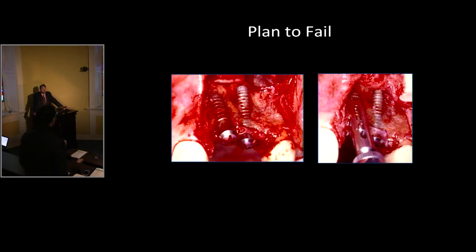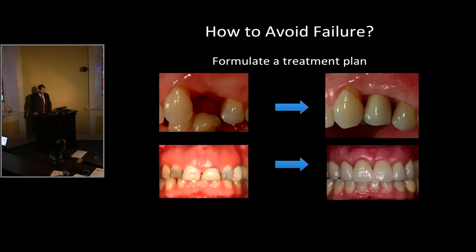So what's happened is these implants were placed where the bone was, not where the restorative result demanded. And because of that, these implants are going to have to be removed. And so you've taken what was an easy osseous defect to correct into almost a maxillofacial defect. So in other words, if you don't plan your restorations, you're going to end up with problems similar to this. And this is an expensive mistake both for the patient and the restorative dentist.